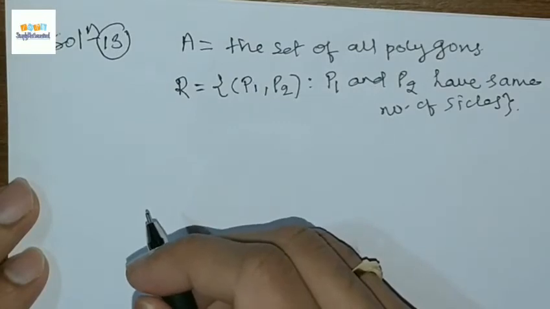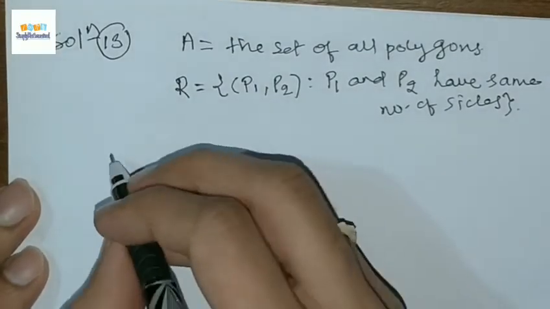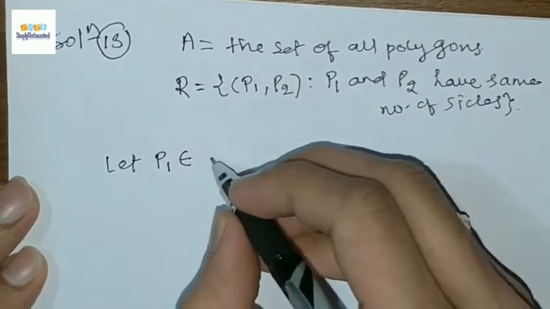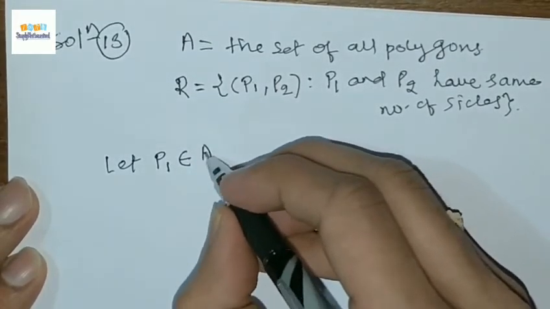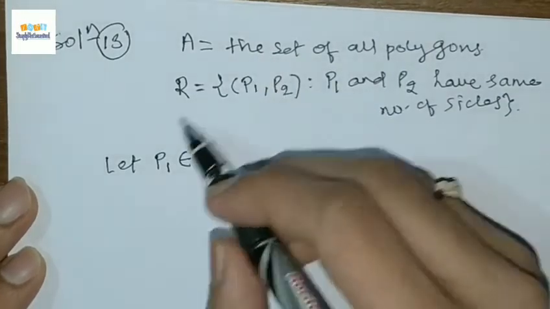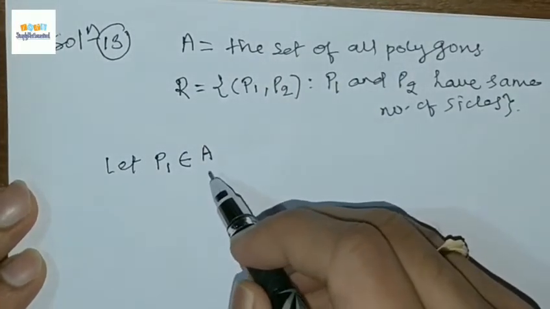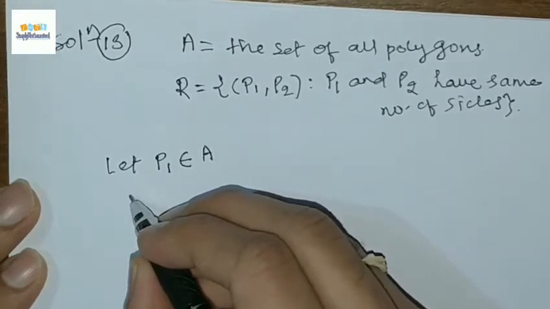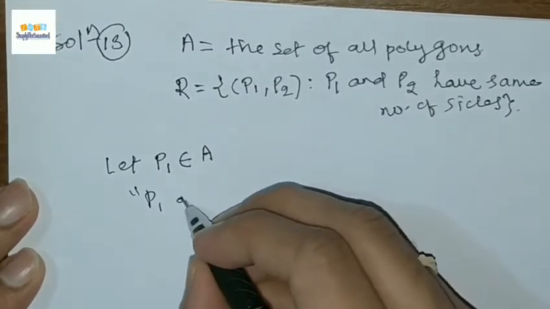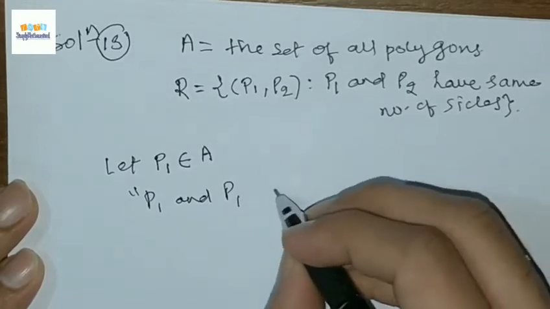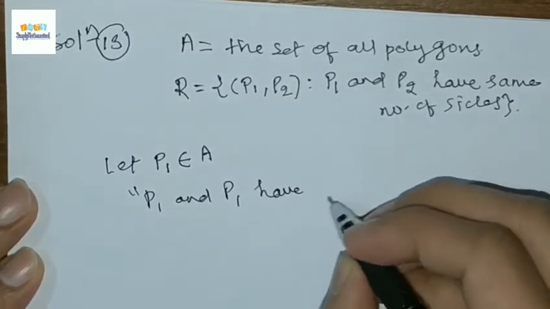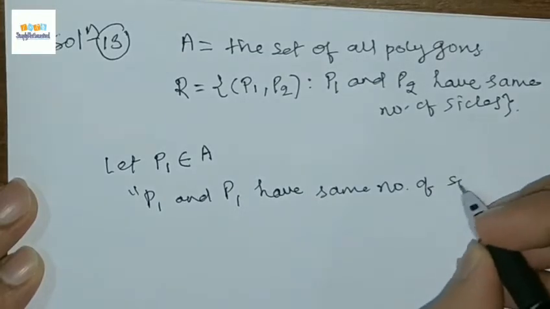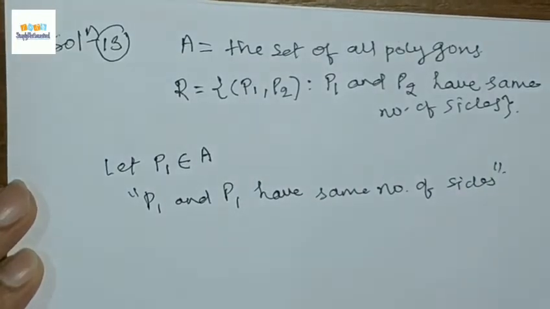First we will prove that R is reflexive. So let P1 belong to the set A. That means P1 is a polygon. It is obvious that P1 and P1 have same number of sides.